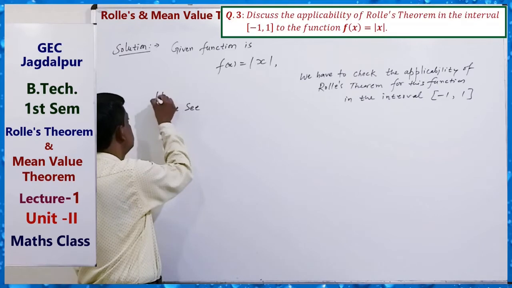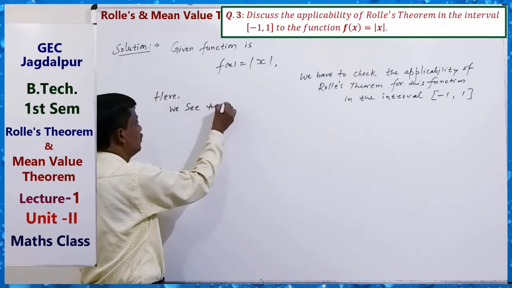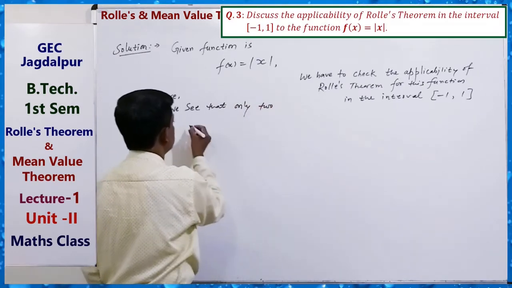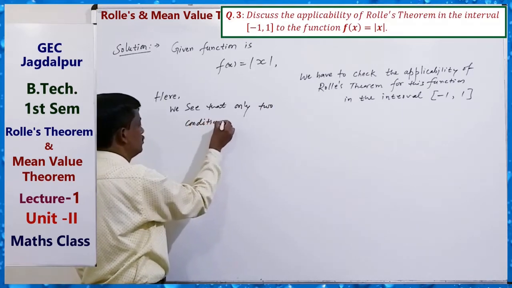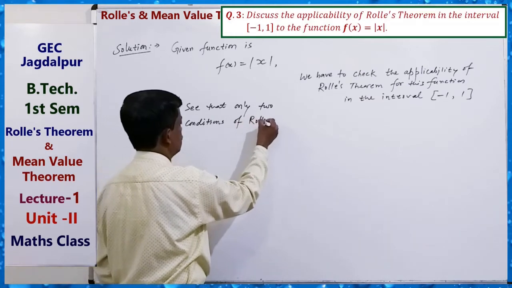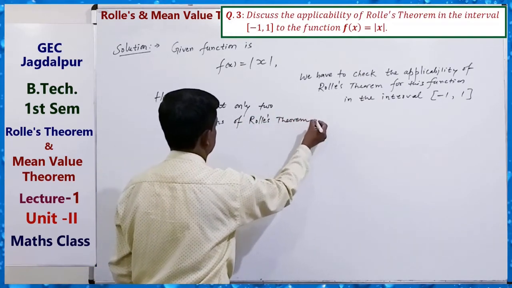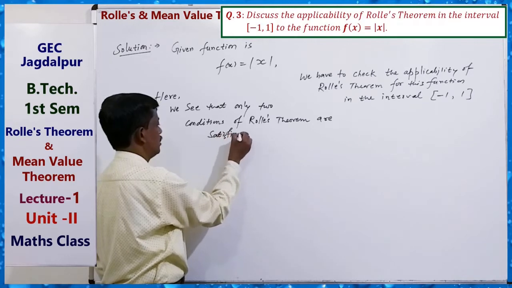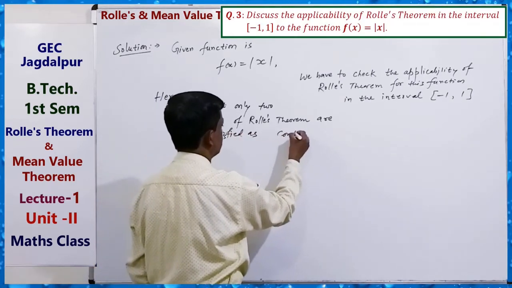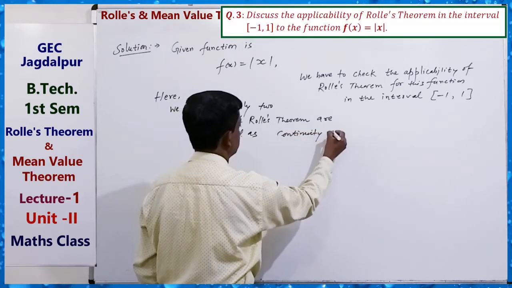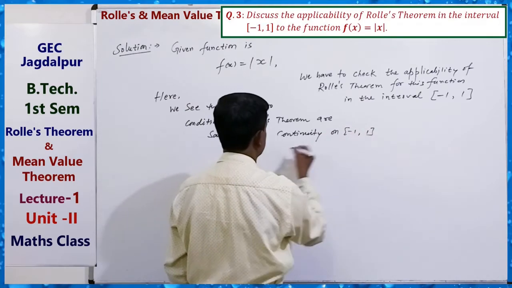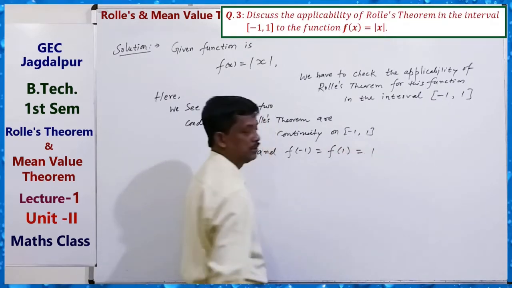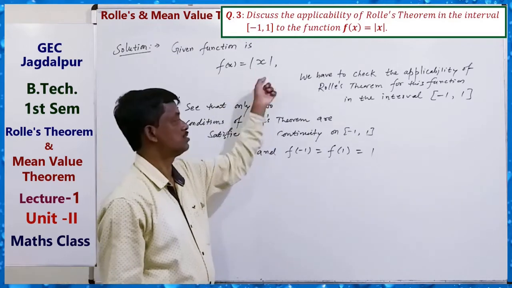We see that only 2 conditions of Rolle's theorem are satisfied, as continuity on [-1, 1] and f(-1) equals f(1) equals 1, because mod 1 equals 1, mod -1 equals 1, so both are 1.